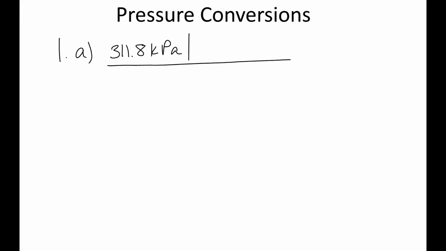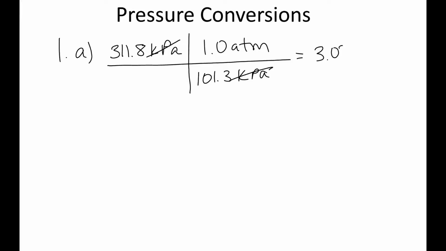So in here, we've got kPa to atmospheres. So we're going to put the kPa on the bottom, and we're going to put the 1.0 atmospheres on the top. Okay, and 311.8 divided by 101.3 is 3.08 atmospheres.